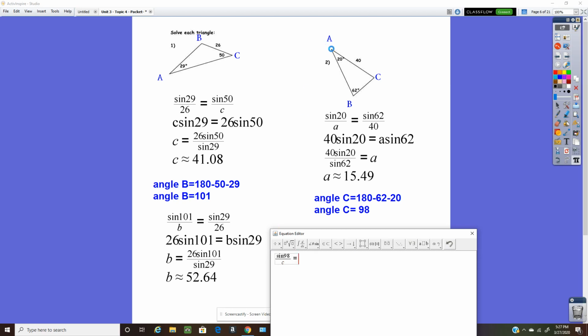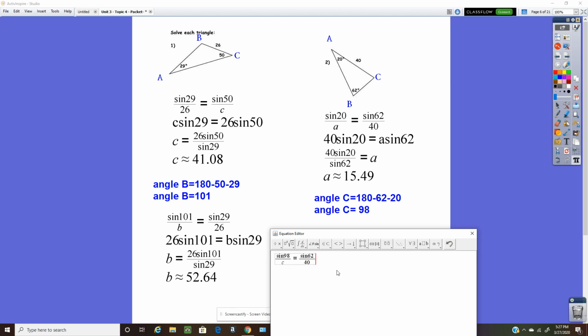Equals, and then I'm going to use these two given pieces of information. So in case I made a mistake here, I don't compound my errors by using this. If this value is wrong, then I would compound my error. So I'm going to use these two values that are given. That makes the answer more foolproof, that I didn't make a mistake when I calculated side A. Since angle B and side B are given, I'm going to use those two items.